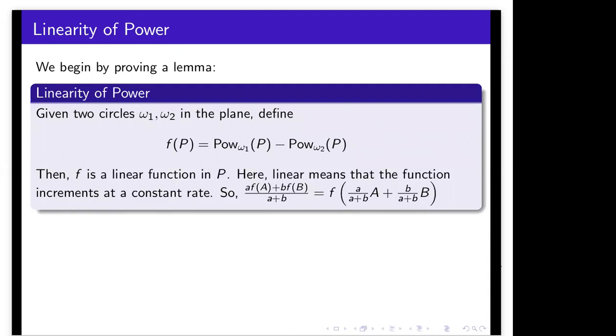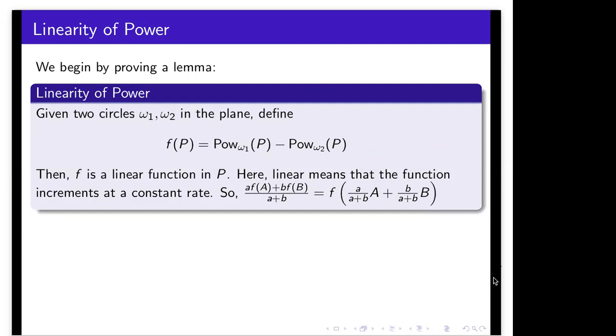And we claim that f is a linear function in P. Linear function sounds a bit strange because P ranges over R squared rather than R, but it's basically the same as a normal linear function.